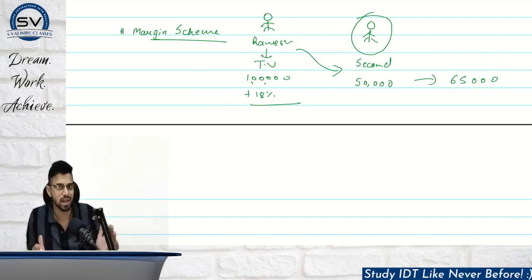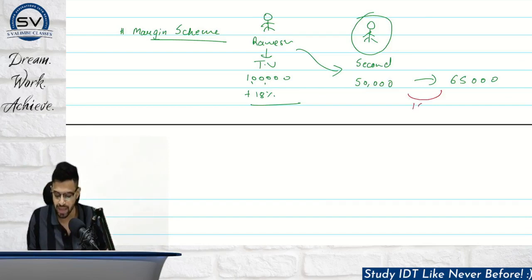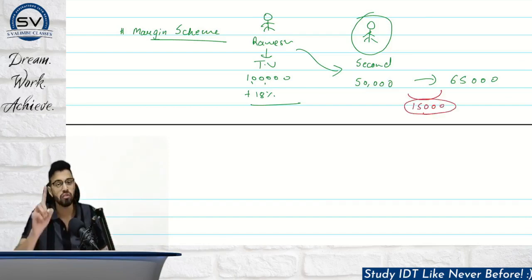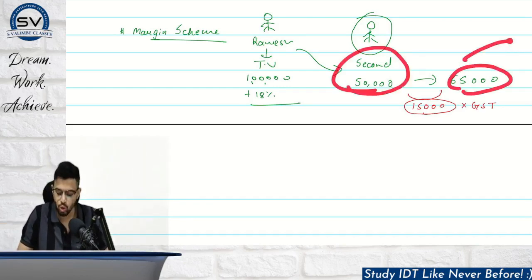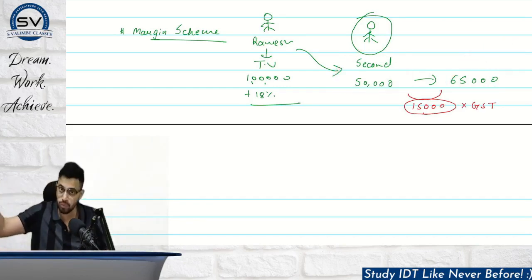In case of second-hand goods dealers, now comes the margin scheme into the picture, which basically says that in such cases, the margin will be taxed, that is 15,000. 15,000 is the value addition that I earned, and on 15,000 I will charge GST. Obviously, there are some conditions attached: such a person should be a second-hand goods dealer, and the person to whom I am selling this for 65,000 should not be taking ITC.